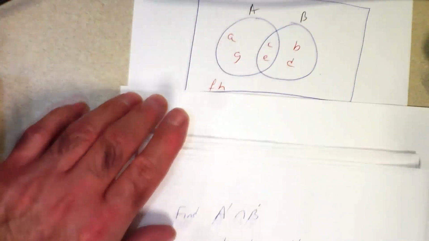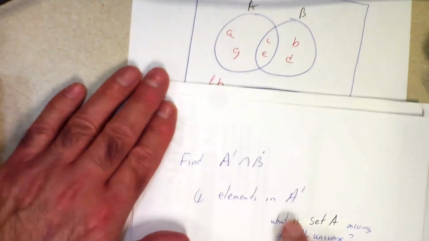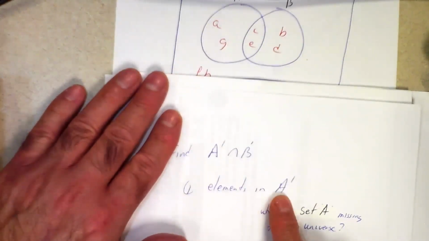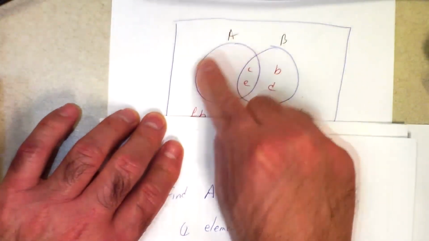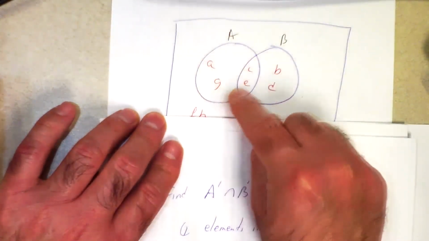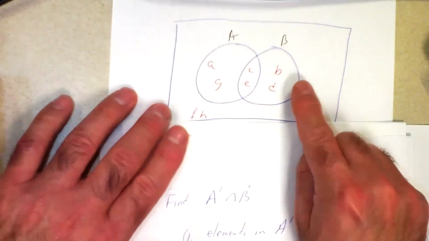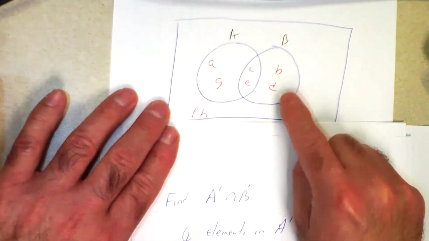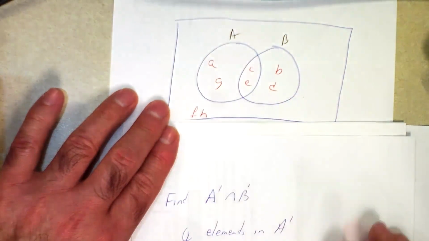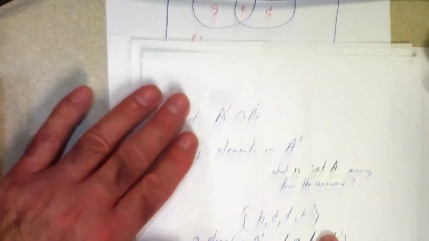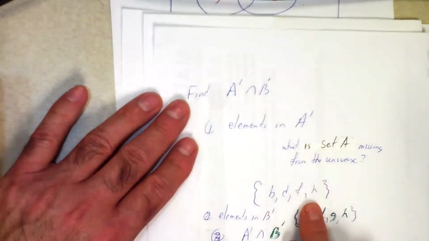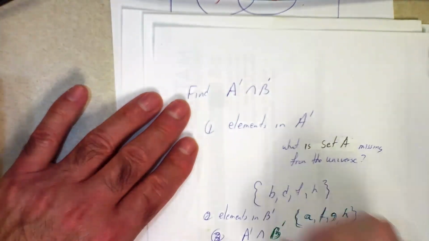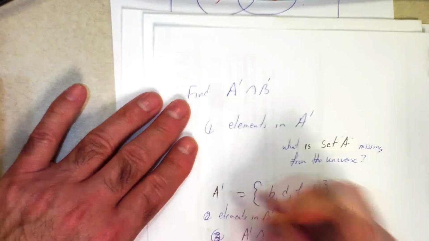You guys recall, A complement are the elements that are not in the A circle. What elements are not in the circle? Well, the ones that are not in that circle are B, D, F, and H. So that's what A complement is.